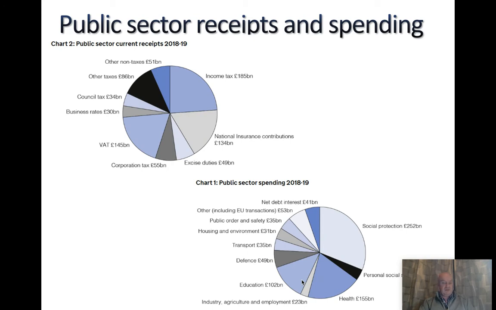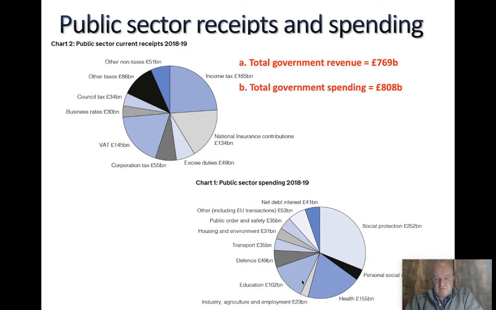So let's take a look in the first instance at the total government revenue. Now that fundamentally is just taking the information that's provided in chart 2 of our public sector current receipts and adding them all up. So the revenue for 2018-2019 was 769 billion.